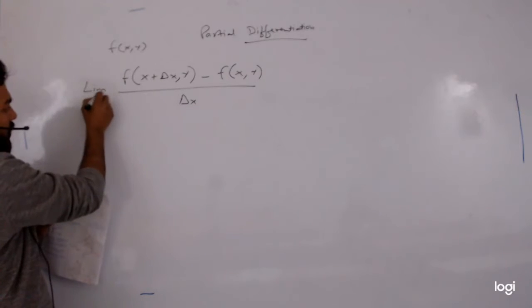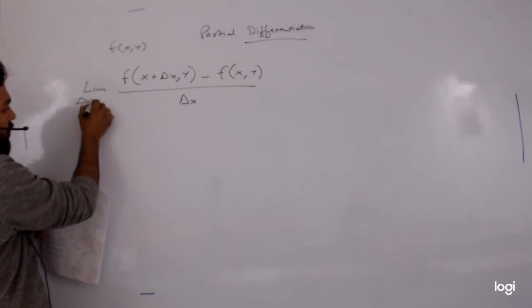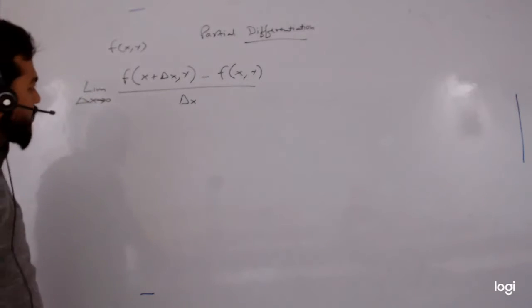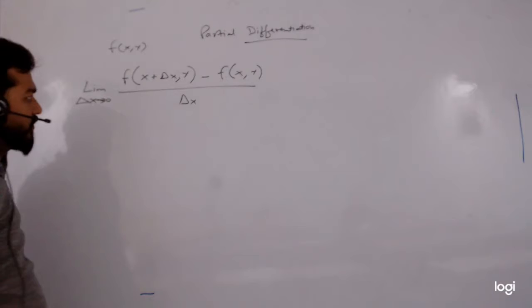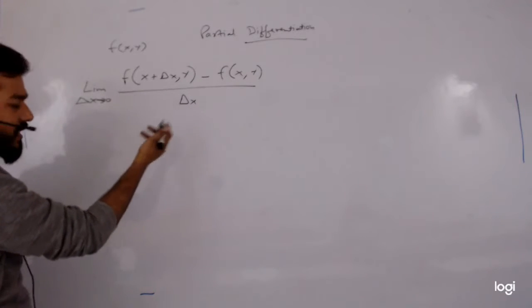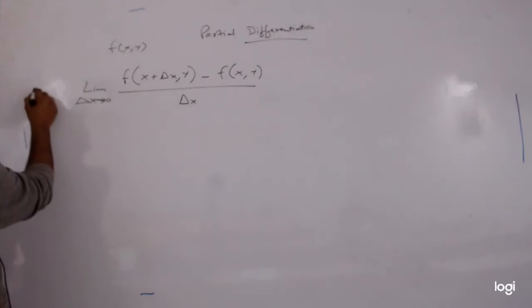If you take the limit of this as delta x tends to 0, then you have the slope of this function when y doesn't change but x changes by a small amount.